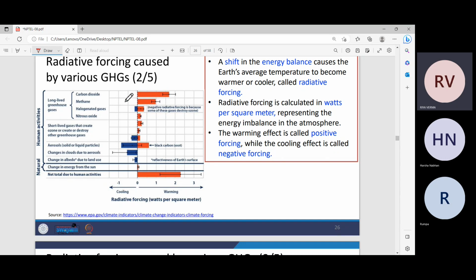The maximum radiative forcing is caused by carbon dioxide, followed by methane. Then we have halogenated gases. Also, some of the aerosol solid or liquid particles have both types of radiative forcing. Some have cooling or negative radiative forcing, and some have positive or warming radiative forcing.